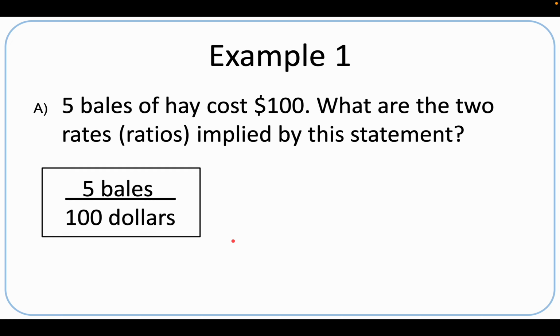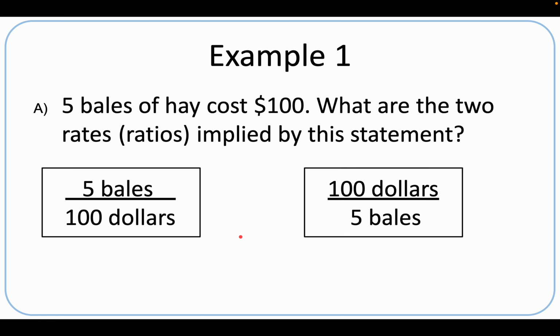Or we could just flip that fraction upside down and have our other rate, which is $100 per 5 bales. So when you're going through your problems in your textbook, it's usually going to ask you what are the two rates that you can get from the statement.